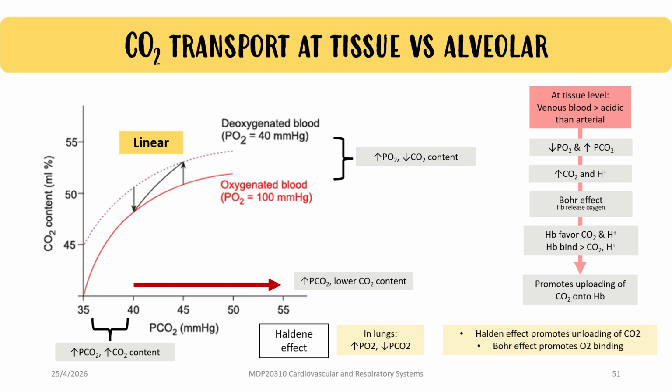Through this effect, the higher the PCO2, the lower the content of oxygen, given the lower concentration of carbon dioxide content in the blood, secondary to the Bohr effect, where it helps to unload more oxygen. So the higher the PO2, the lower the carbon dioxide concentration. We can say that the oxygen loading helps the carbon dioxide to unload based on these two effects, the Bohr effect and the Haldane effect.